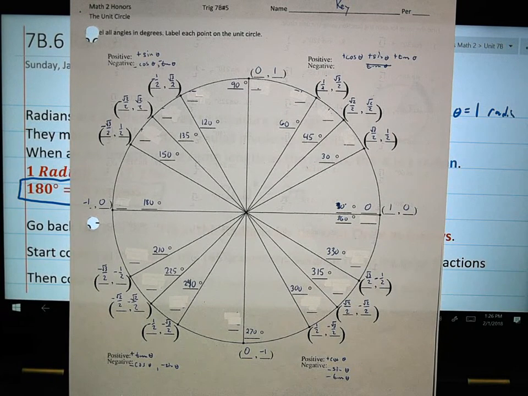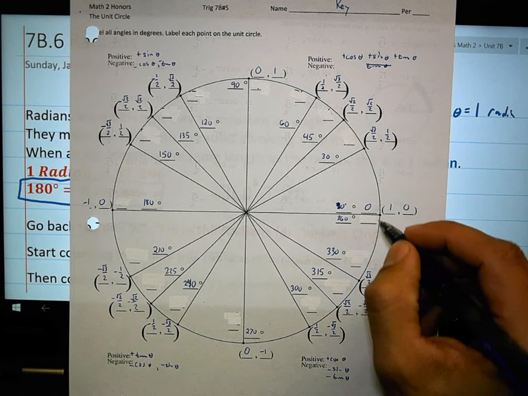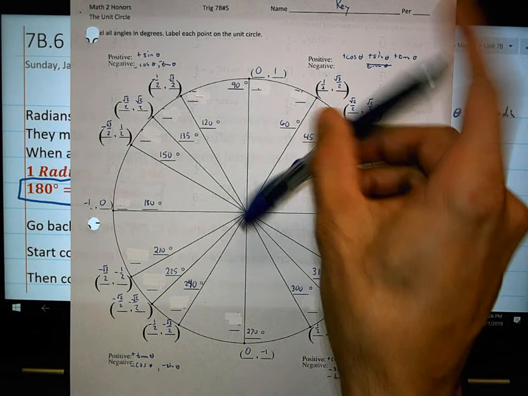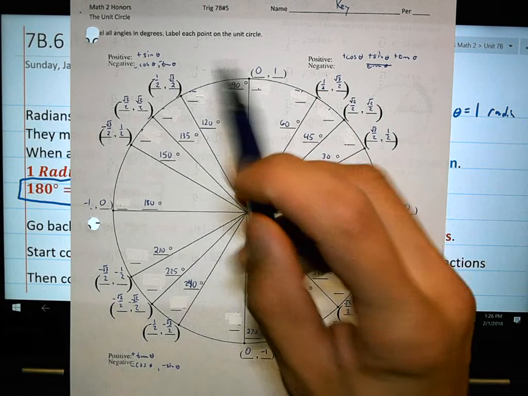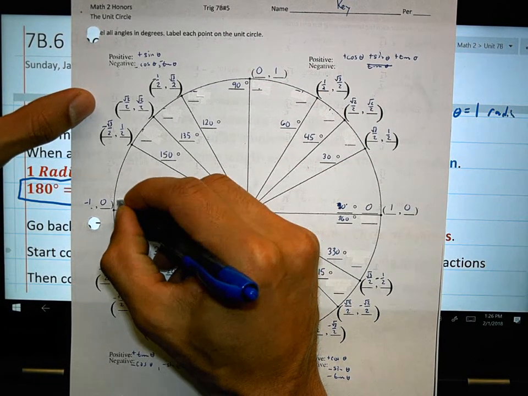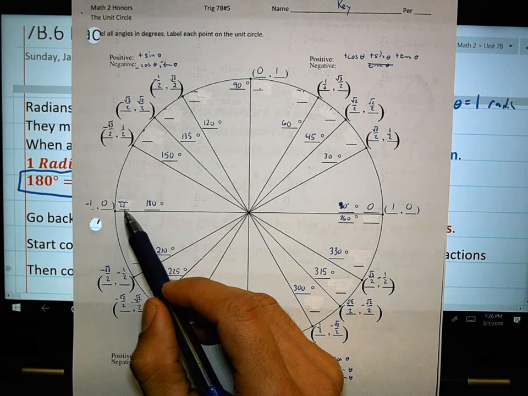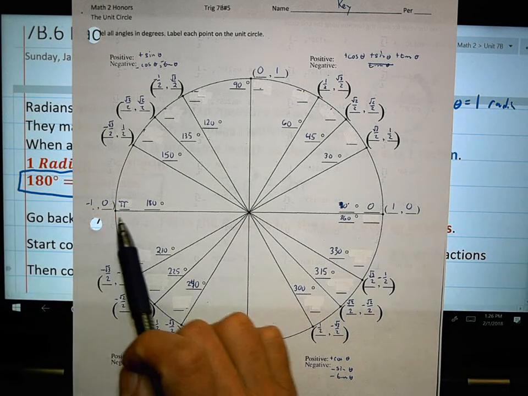So let's start off with something simple. 0 degrees is the same thing as 0 radians. And if I were to go all the way over here to 180 degrees, 180 degrees is the same thing as pi radians. So please put pi right over here on the left-hand side.